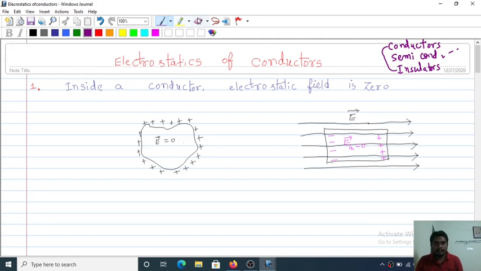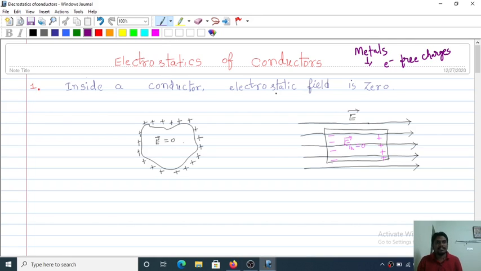Now, what are conductors? The present topic is electrostatics of conductors. First we have to know what a conductor is. Examples of conductors are metals. Metals are good conductors, in which the electrons are free charge carriers. These are responsible for electric field and electricity.